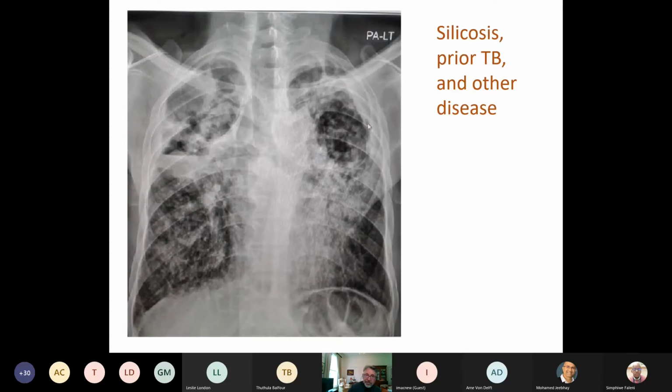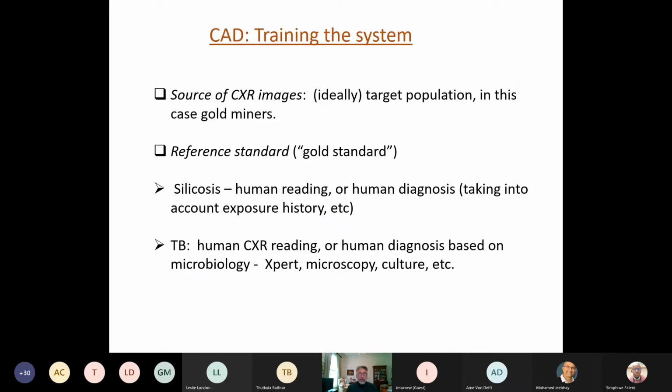Enter CAD. So just some steps in the development of CAD. You need a source of chest X-ray images, ideally from the target population. You need a reference standard. Sometimes the term gold standard is used, but human readers might be the best standard, but not necessarily gold, because there's so much disagreement. Nevertheless, you need a reference standard for the CAD to be trained on.